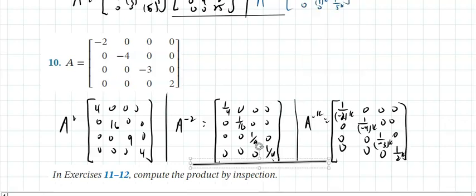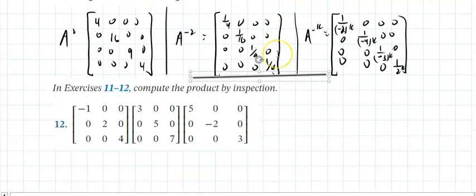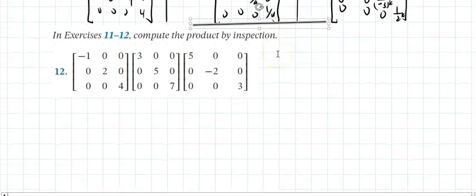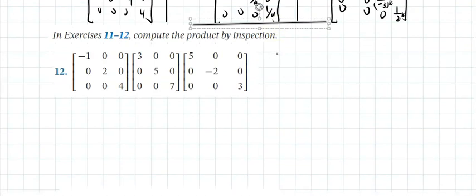So in this section, we're doing a lot of inspections, a lot of just applying some properties. Compute the product. And do you notice that all of these are diagonals? If all of them are diagonals, then guess what? Well, actually, it turns out to be fairly simple.